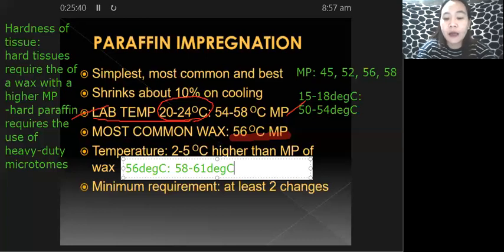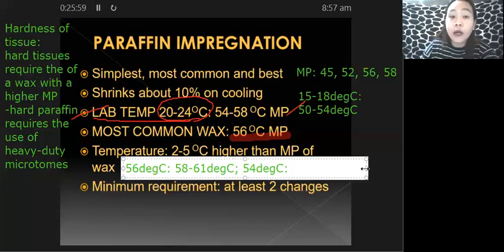If, for example, you are making use of a paraffin wax with a melting point of 54 degrees Celsius, then the temperature at which you should carry out your impregnation is 56 to 59 degrees Celsius.